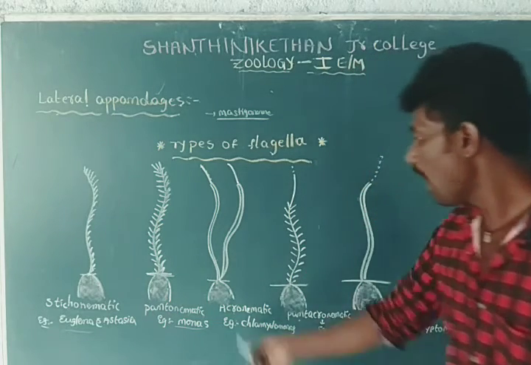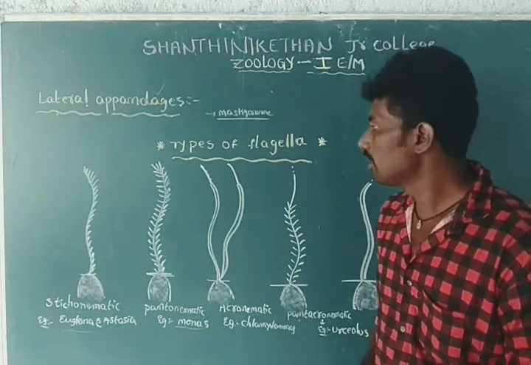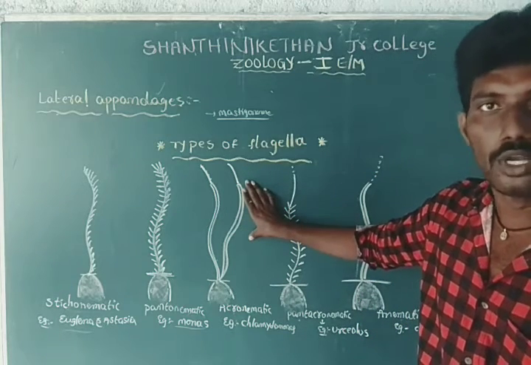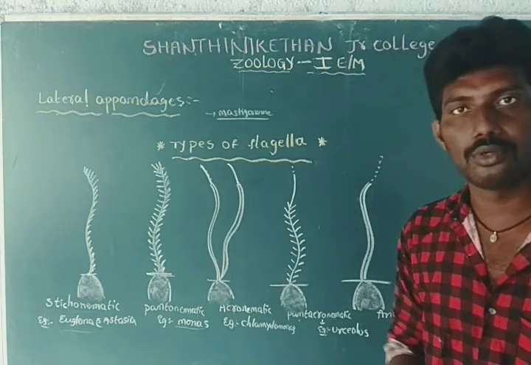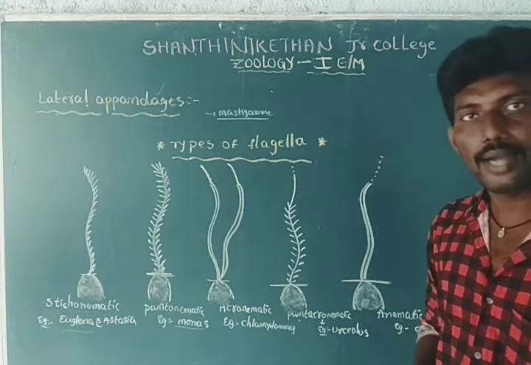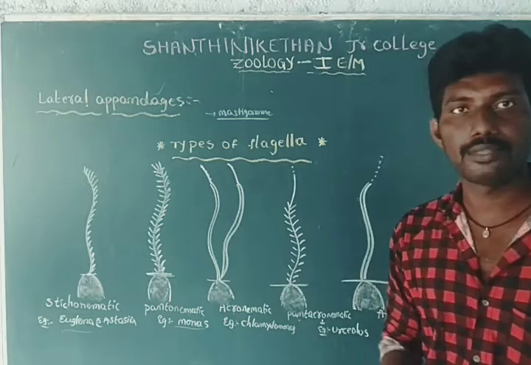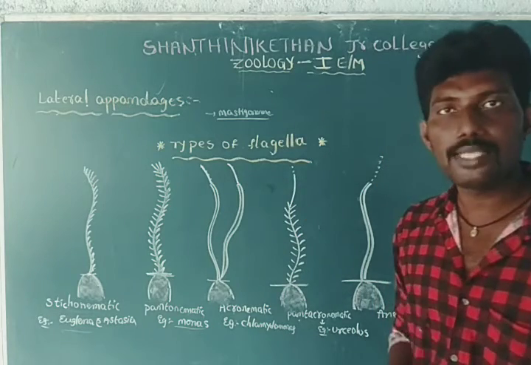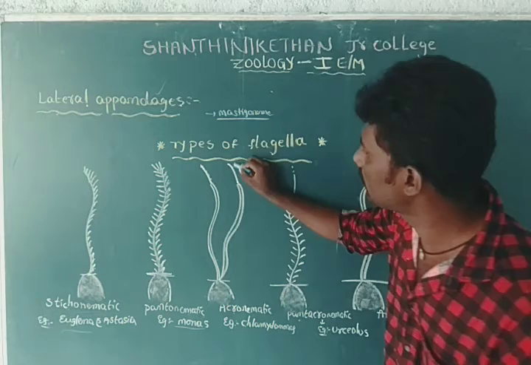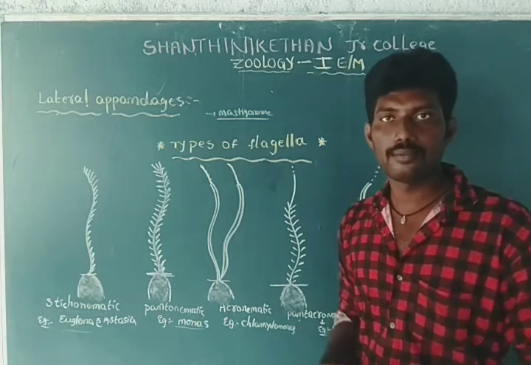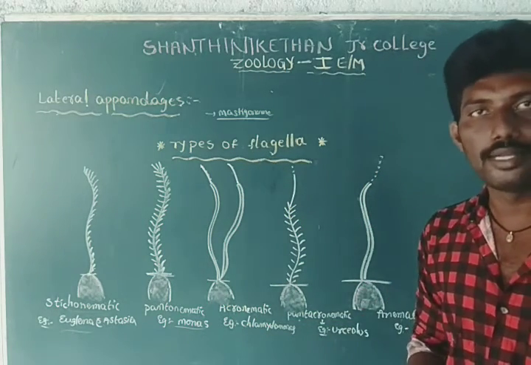The third one is the acronematic flagellum. This kind of flagellum does not have lateral appendages, and the terminal filament is naked. Naked means the terminal filament does not have an outer sheath.